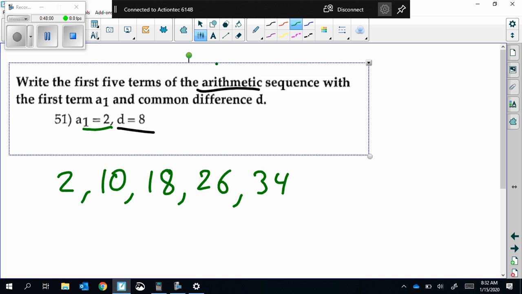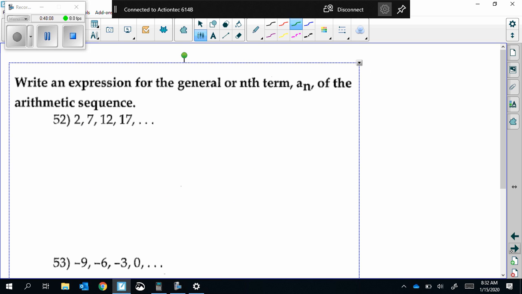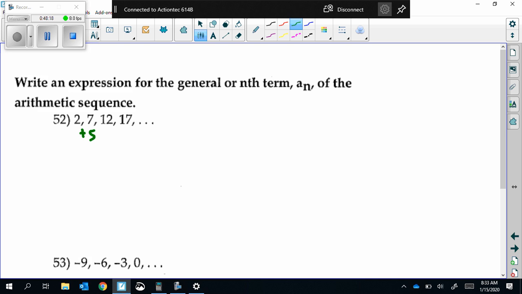Arithmetic means add. So again, this is an adding sequence. You can see that it's adding 5 each time. So D is 5. Writing an expression, that is the formula.